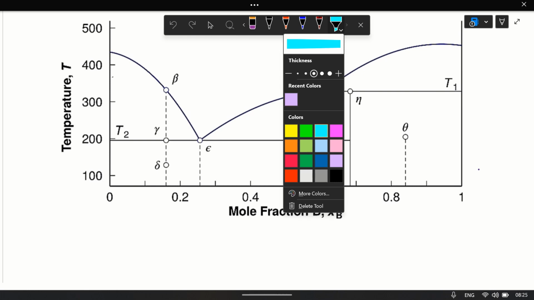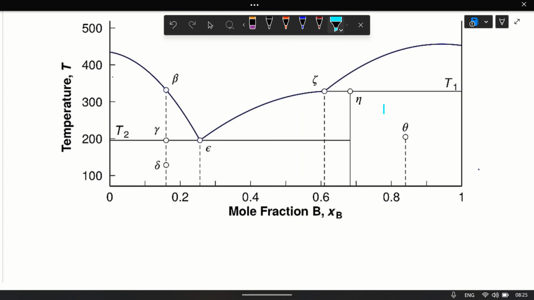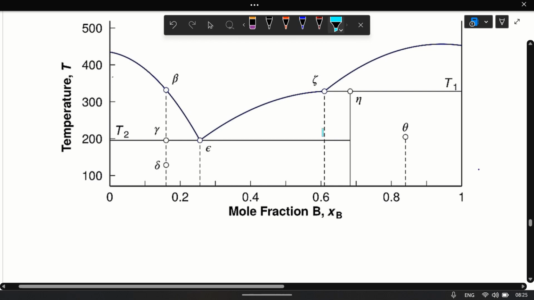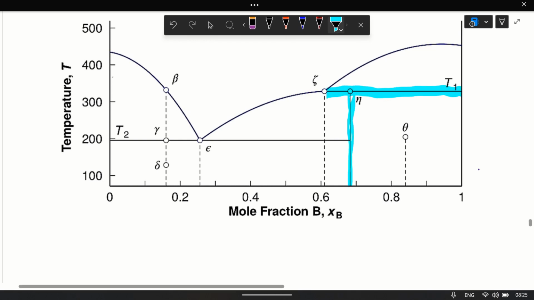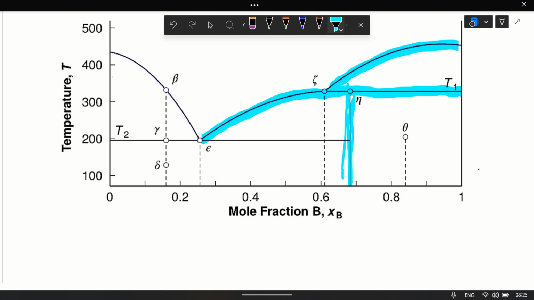So basically, what indicates incongruent melting is usually this kind of T shape that we see here. So this T shape indicates incongruent melting, or you can say the intersection of the liquidus curves indicates incongruent melting. So the point zeta there, or the point eta, indicates incongruent melting, however you want to state it.